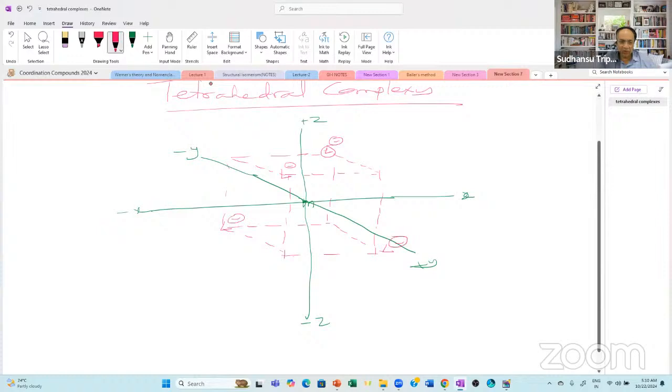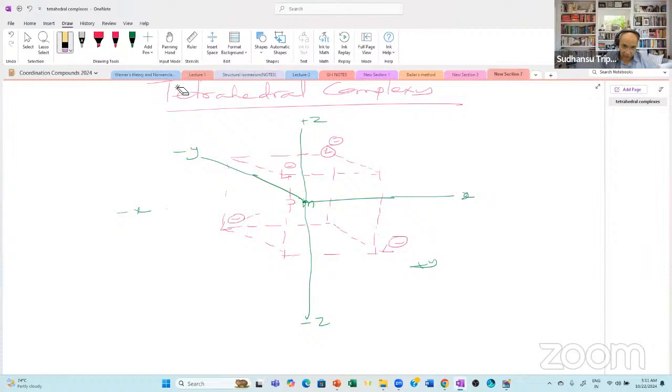Then only it will be forming. There is no theory of covalency here, but I am showing you how you can visualize the tetrahedral geometry by putting an arrow mark, which is VBT, and also MOT, LFT.